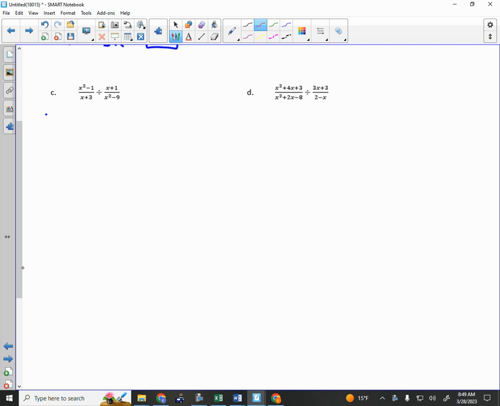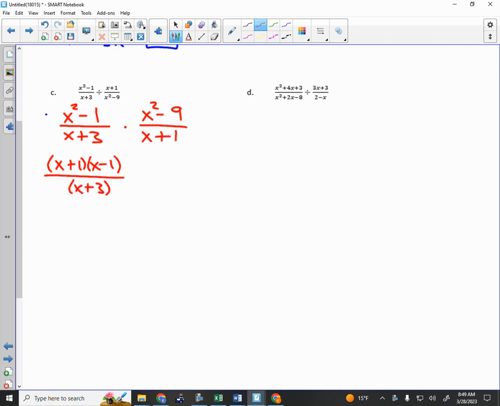Letter C, again, I'm going to multiply by the reciprocal, x squared minus 1 over x plus 3 times x squared minus 9 over x plus 1. Now that I've written in that form, I will factor. What is x squared minus 1 factored to? Yep, x plus 1 times x minus 1. That sits over x plus 3.